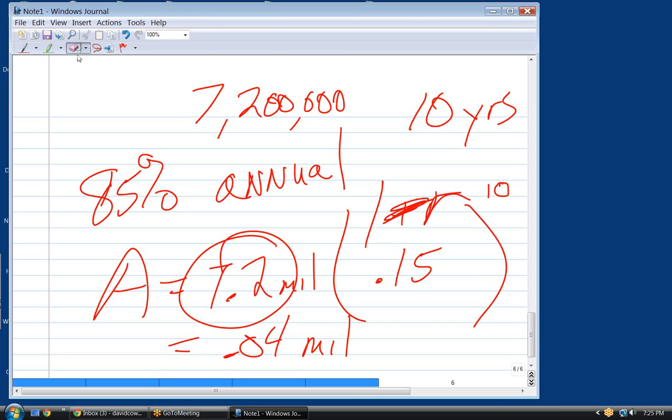So every year we're only going to have 15% of what we had the previous year. So after 1 year, we would have about 1 million. After 2 years, we would have about 0.15 million. So after 10 years, actually 0.04 sounds a little large.